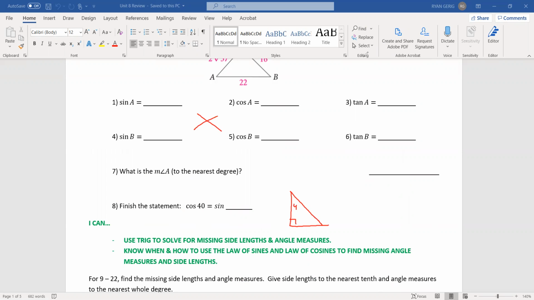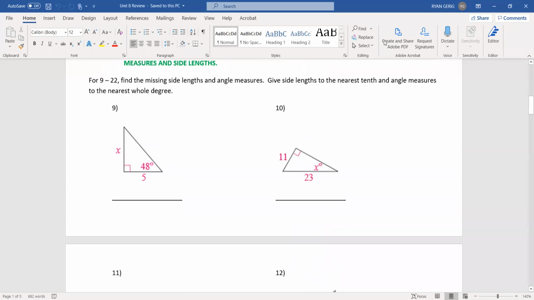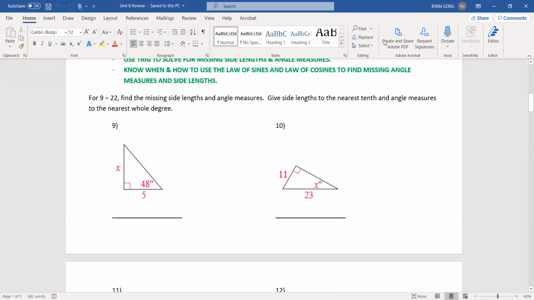If I have a right triangle with a 40-degree angle, the other acute angle is going to be 50 degrees. And we know that the cosine of an angle is equal to the sine of the other acute angle in a right triangle. So the sine of 50 degrees is what you would do here. All right. 2 more problems for this video, and then I'll move on.